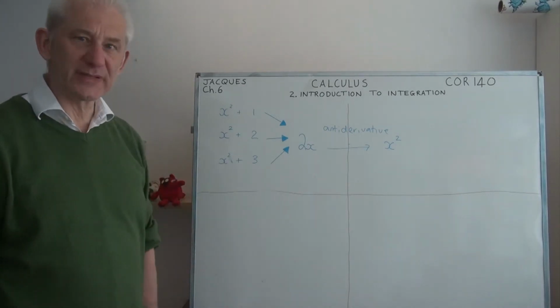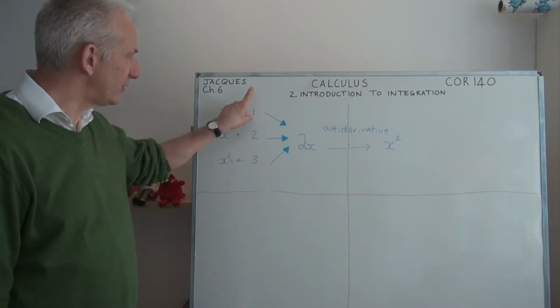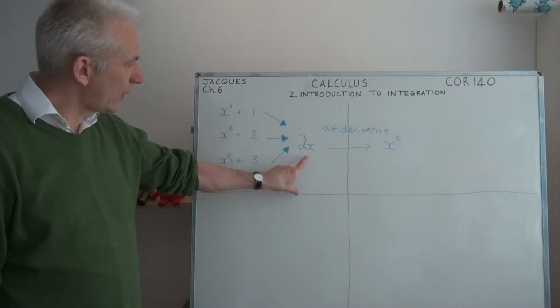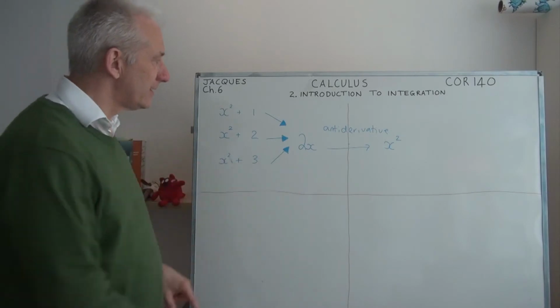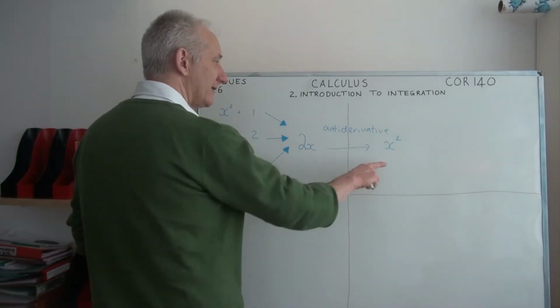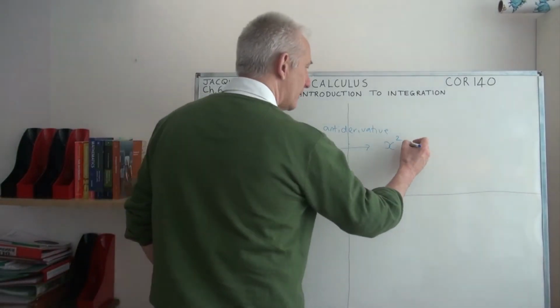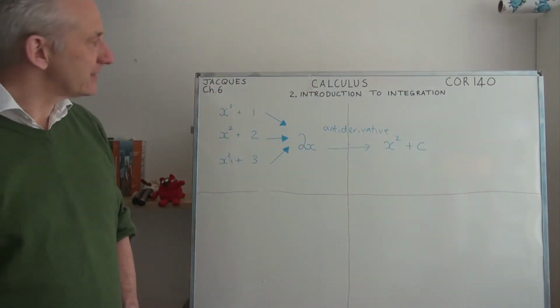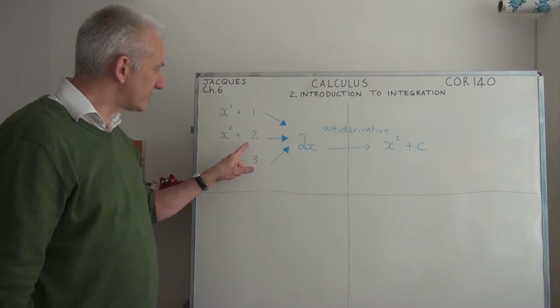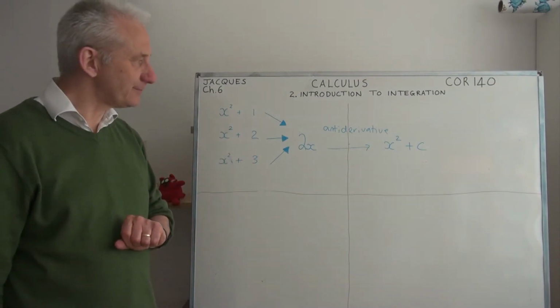So we need to compensate for the information that has been lost when we carried out the derivative function, and then when we took that back to where it came from. So what we do is we add c. C represents the lost information on this side.